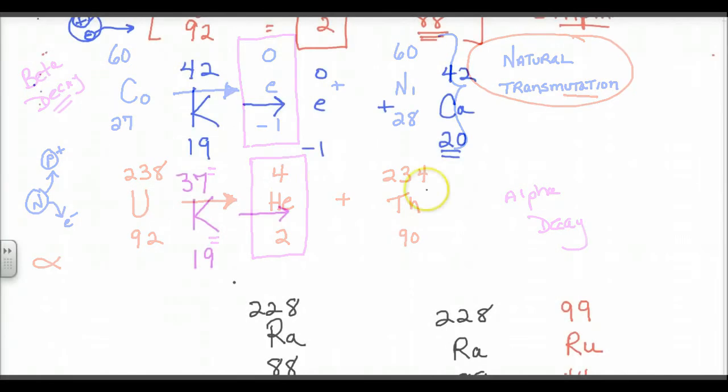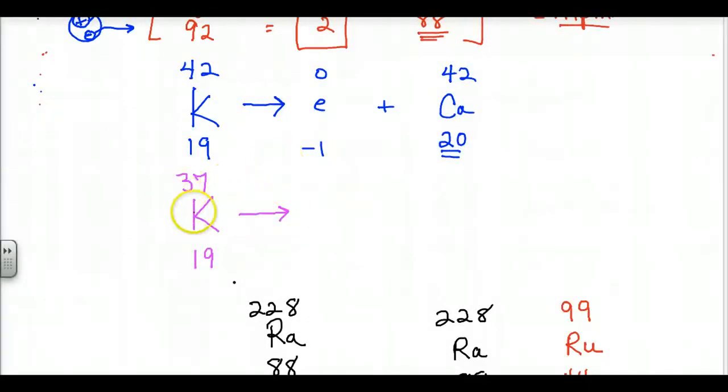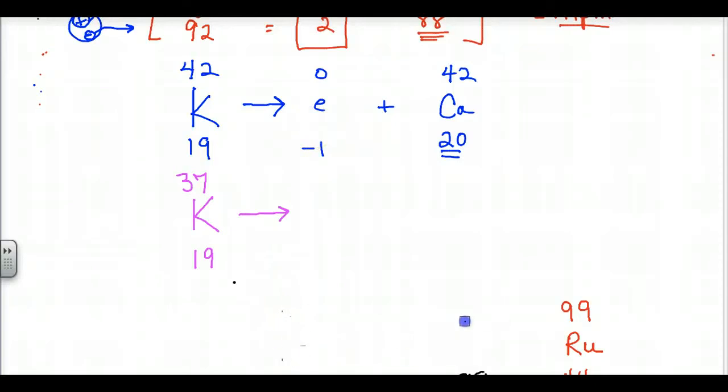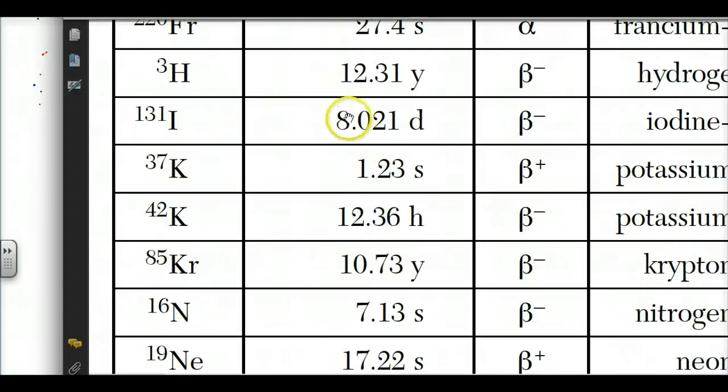Moving forward, here I have potassium 37. So where do I go? You've guessed it, Table N, to understand this. Okay, so we see that K-37 is a B plus.